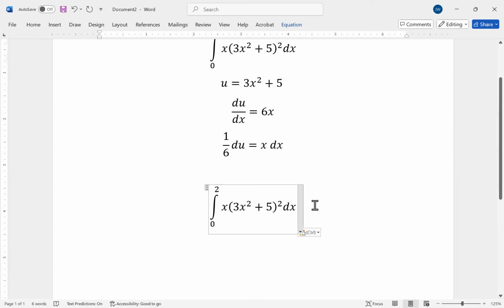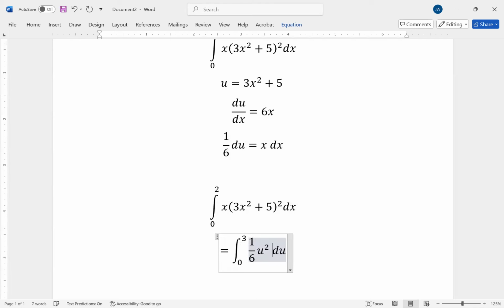So basically, I'm just going to go through all the steps. When we integrate and I do my substitution, if I substitute in u, we'll get u squared. x dx gives me 1/6 du. So I'm going to go 1/6 du. However, this substitution is not right with the bounds that I have.